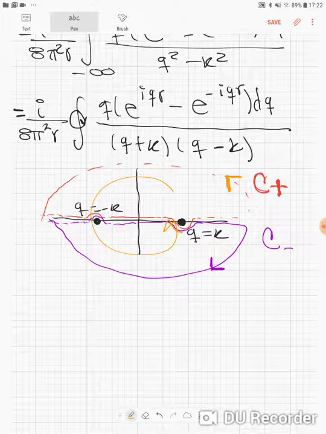And we're going to evaluate this. We're going to evaluate, let me see here.